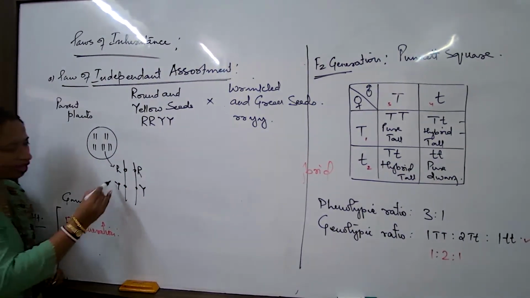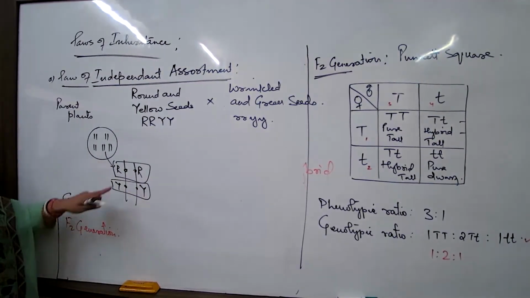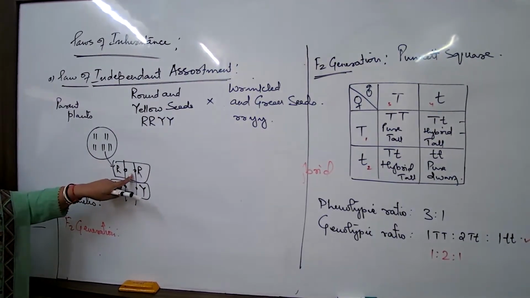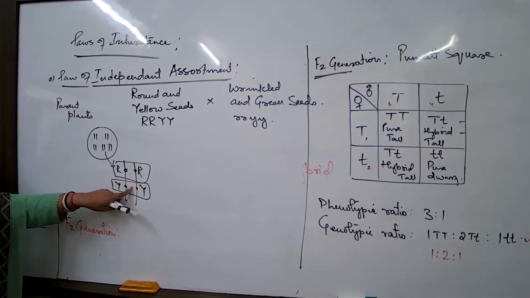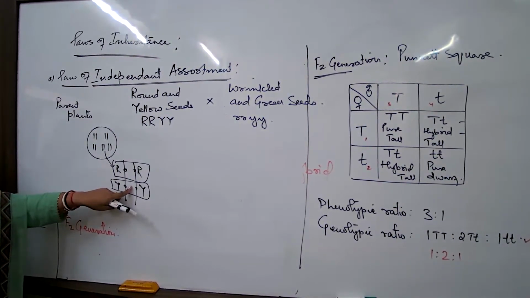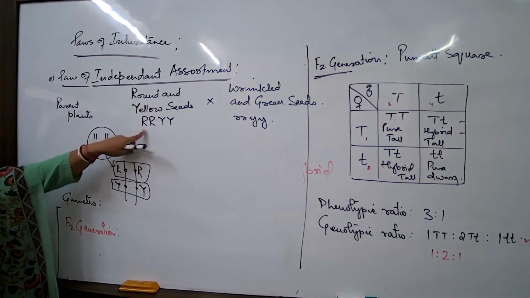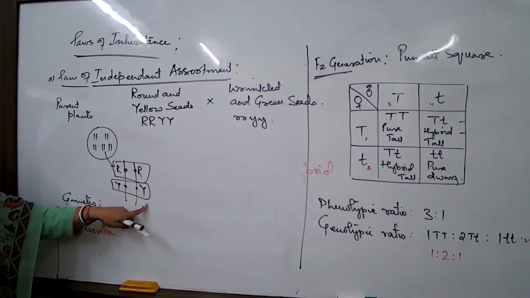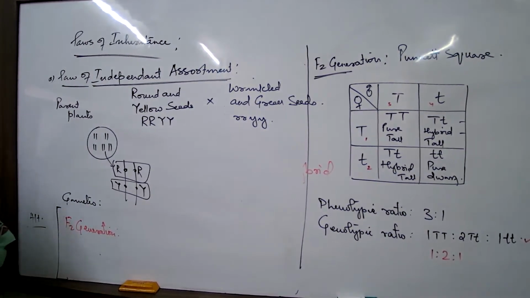Two genes now we are studying. This is one and this is another. This gene is responsible for the shape and this gene is responsible for the color. Clear? Why are we writing twice? Because it is a pair of chromosome. Every pair of chromosome definitely has to have two alleles for a gene.